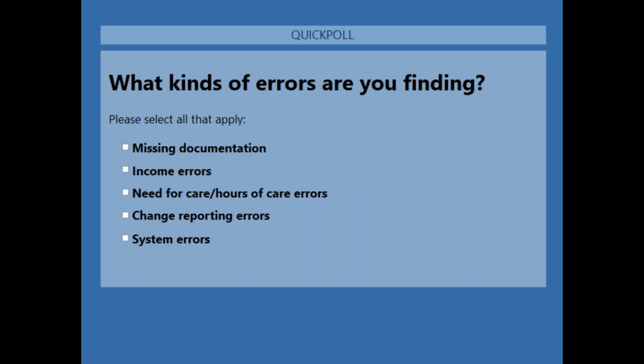So for our Year 2 states, I believe all but possibly 2 of you have started conducting your case record reviews. And we have several Year 3 states on the call with us today too that have started their case reviews. They're doing real-time reviews. So again, if folks could please select all that apply, the common types of errors that you're finding during your case reviews.